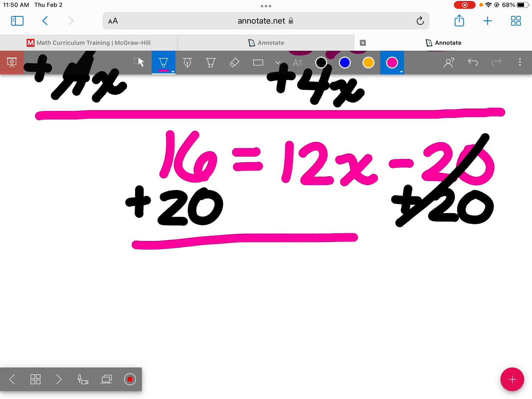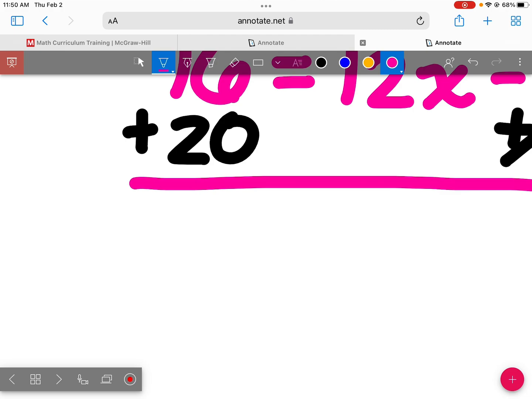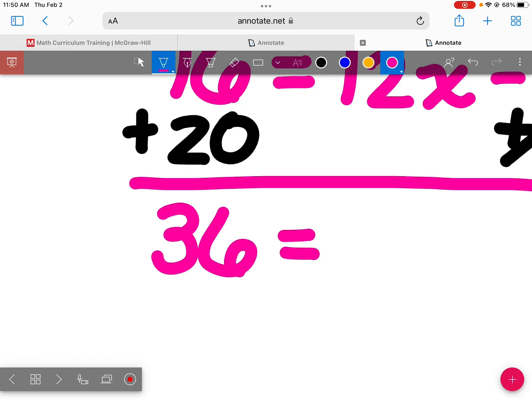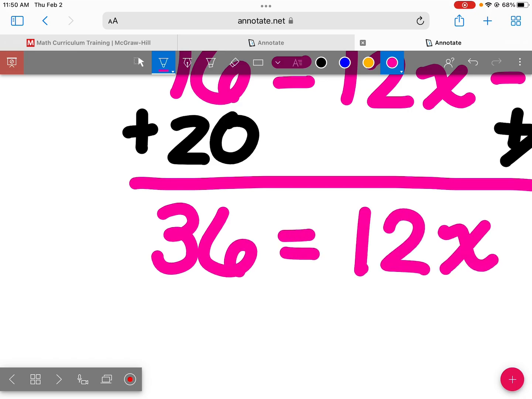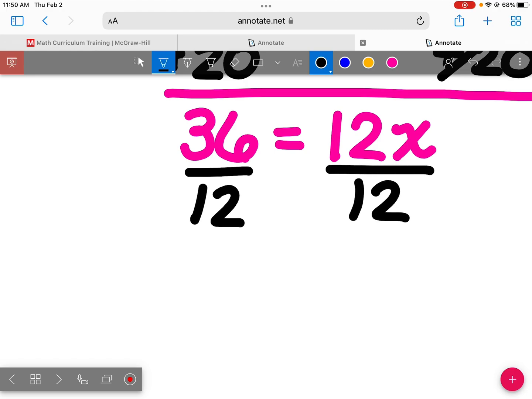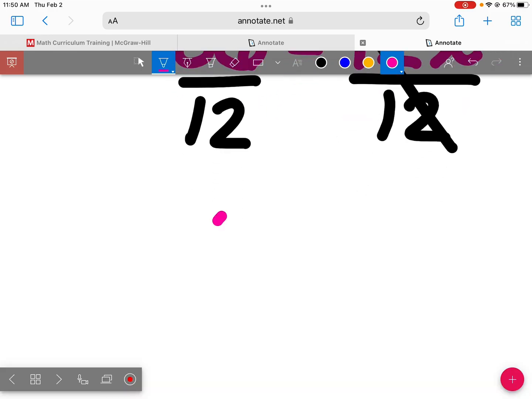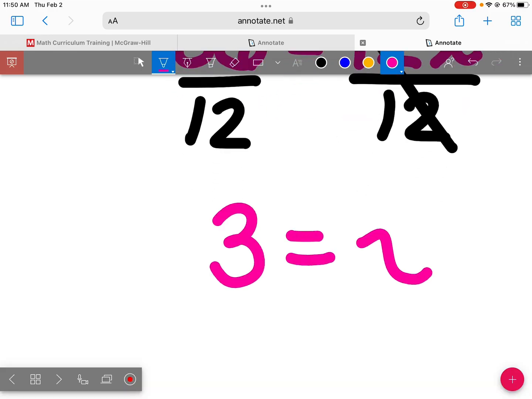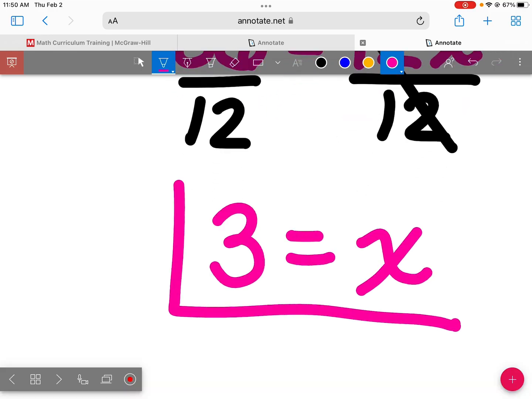What is 16 plus 20? 36. 36 equals 12x. And then what do I need to do to get x all alone? Divide by 12 on both sides. 3 is absolutely correct. 3 equals x.